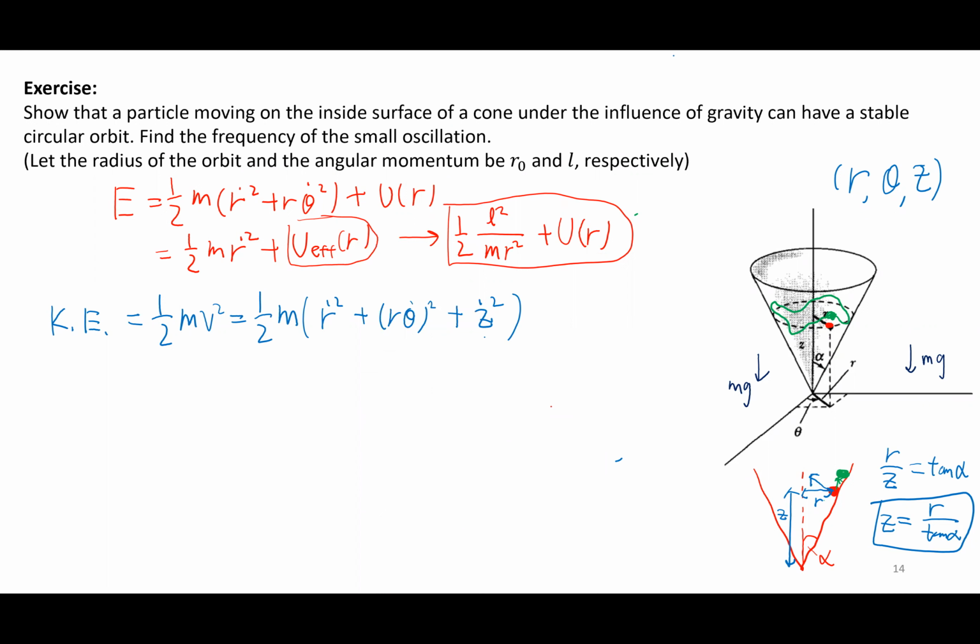Right, so this Z dot can be written as R dot square divided by tangent square alpha. Okay, so that's why the whole thing for the kinetic energy can be written as this.